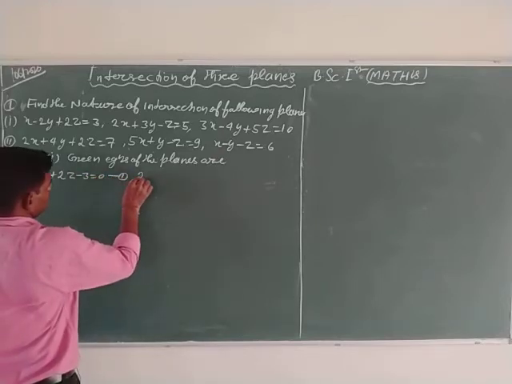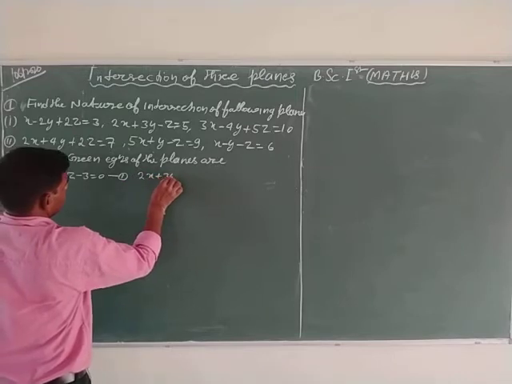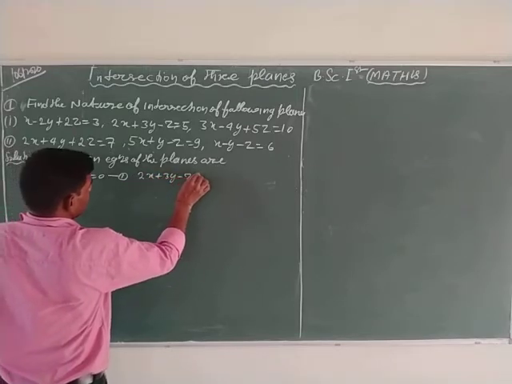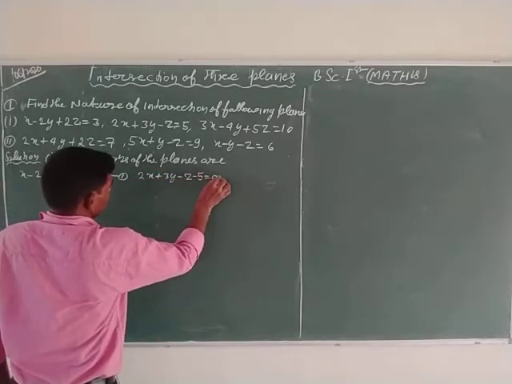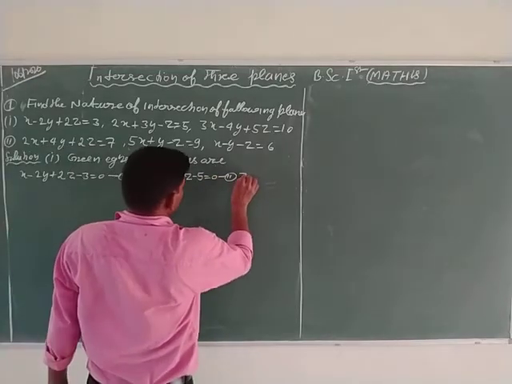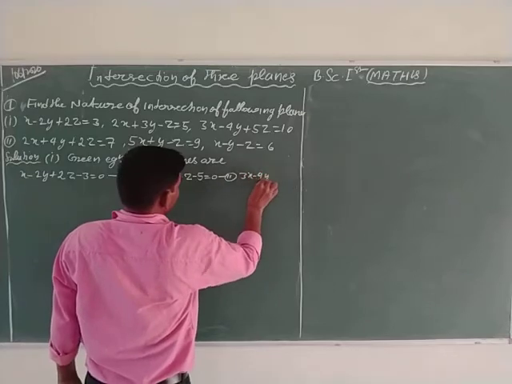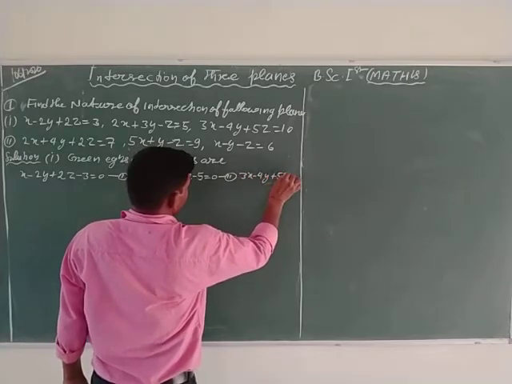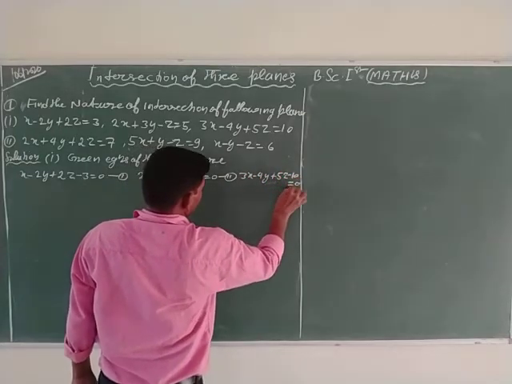Second is 2x plus 3y minus z minus 5 is equal to 0. And third is 3x minus 4y plus 5z minus 10 is equal to 0.